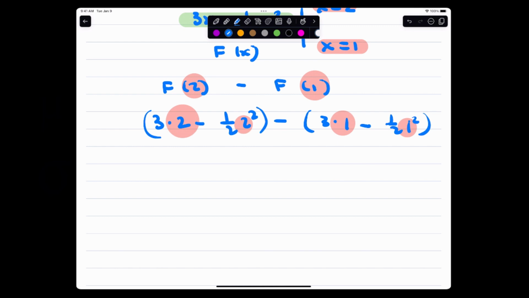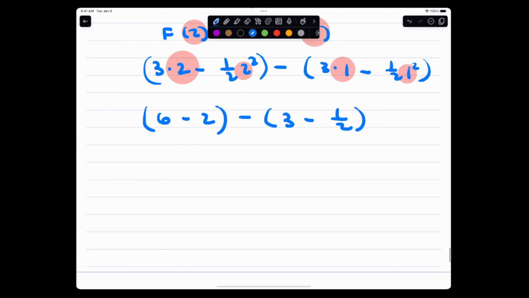So let's do some arithmetic. This is going to be 6. I think that would be 1/2 times 4 is 2. 6 minus 2, minus 3 minus 1/2, will give you 4 minus, what's this going to be?